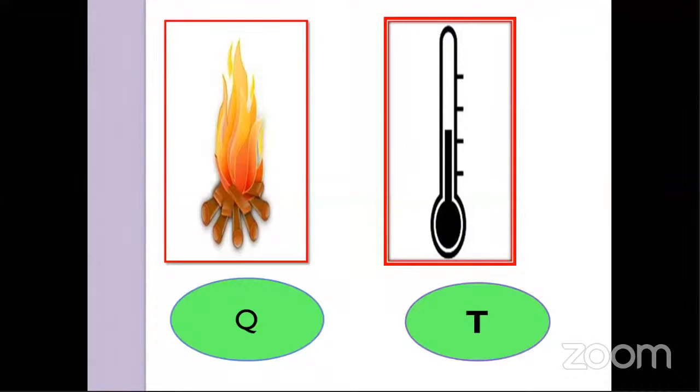Q is the representation of heat and T is the representation of temperature. And we all know that heat is measured in joule and temperature is measured in Celsius, Fahrenheit and Kelvin also. This is all about heat and temperature.